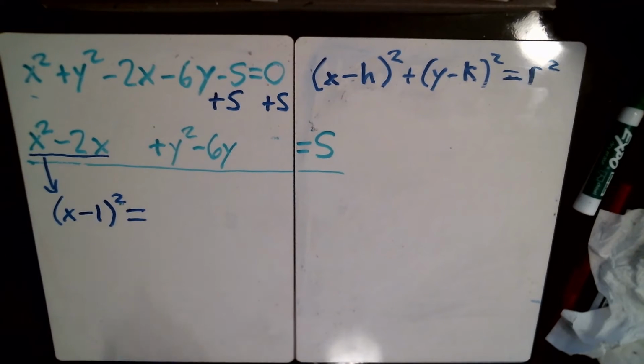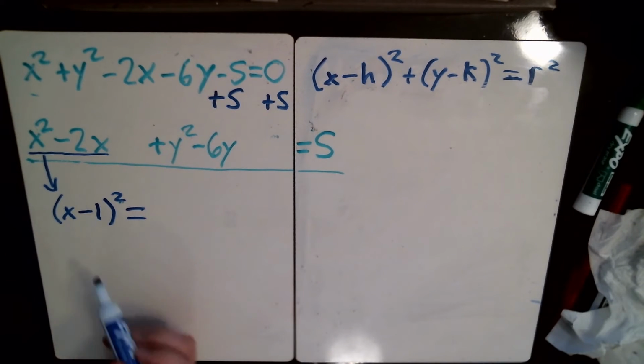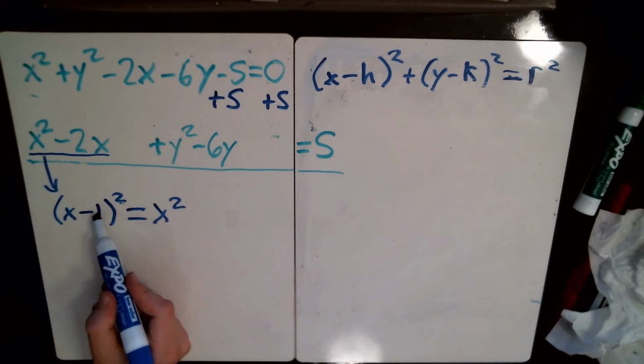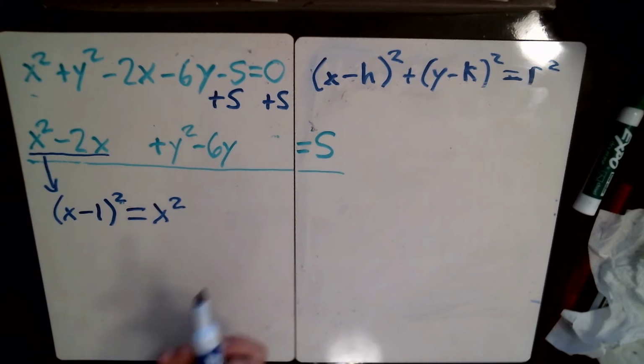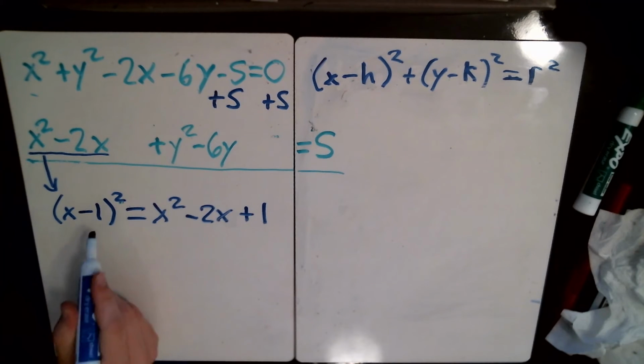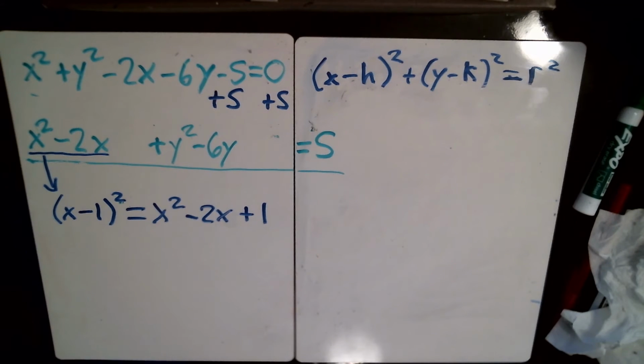And we can see that if we were to distribute this out, I would get x squared, and then a negative x from these two multiplying each other, but I get that twice, so I get negative 2x, and then plus 1, because negative 1 times negative 1 gives plus 1 on the outside. So that would be the square that's really close to this.